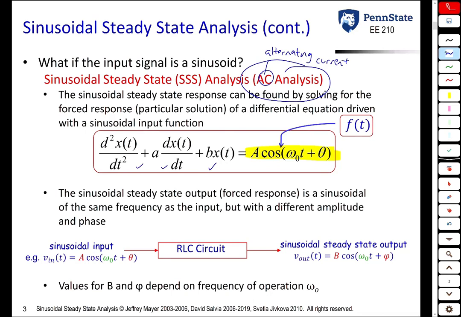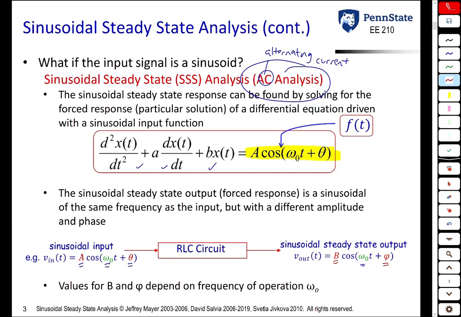So continuing, what we see then is if the input is a sinusoid with an amplitude A, a frequency omega naught, and a phase angle theta, if you pass that through an RLC circuit of whatever complexity you want, the output is going to be a sinusoid of the same frequency, but it's going to have a different amplitude and a different phase.